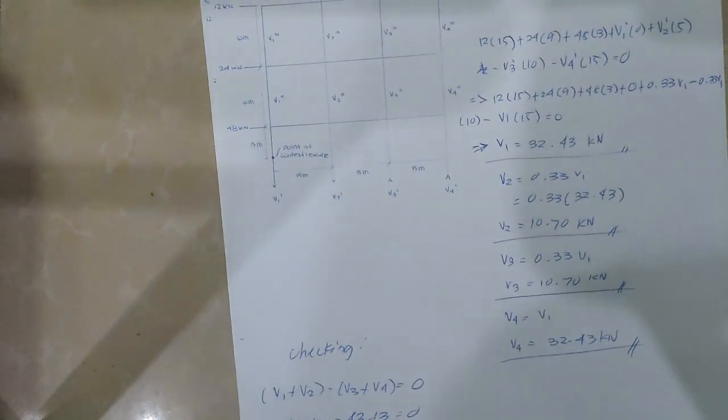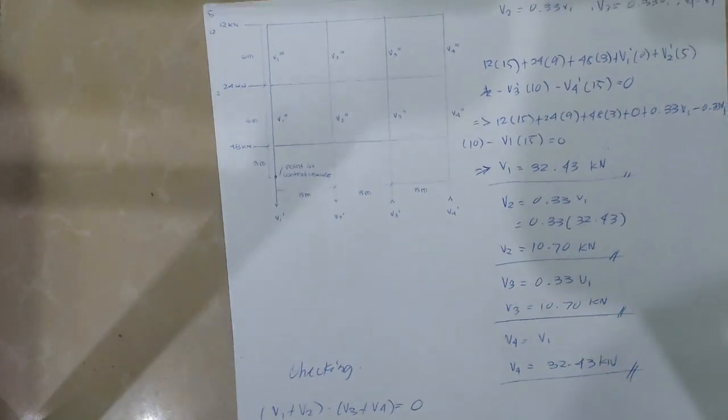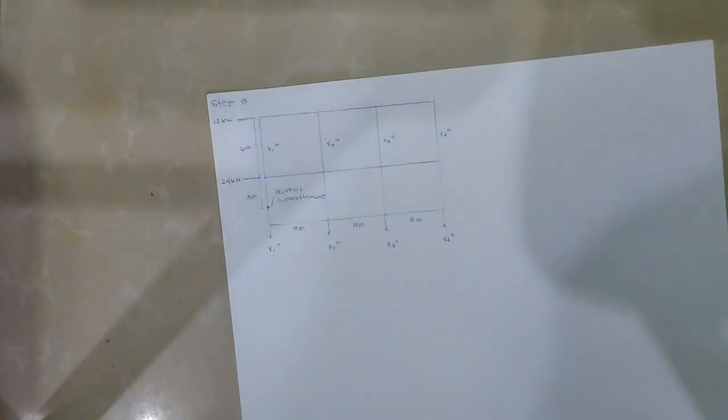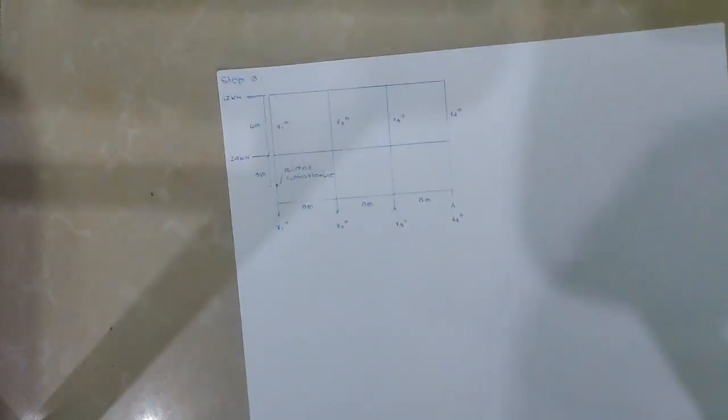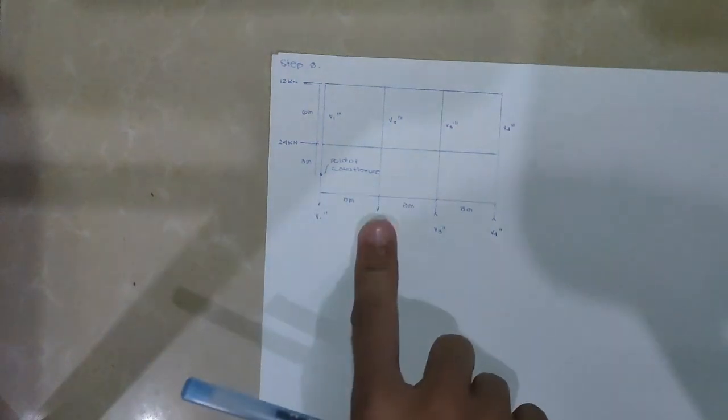So the next is step 3. Step 3, axial force to the column of the second story. Taking the moment about the point of contraflexure, there is a second story.